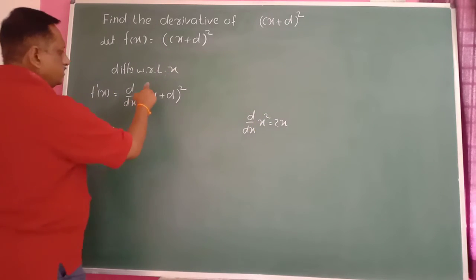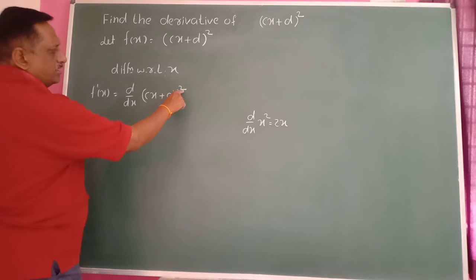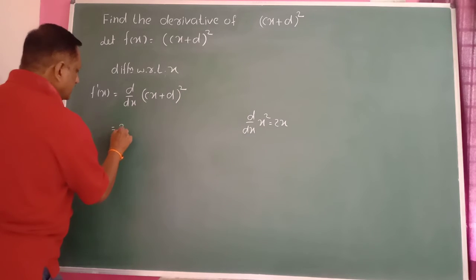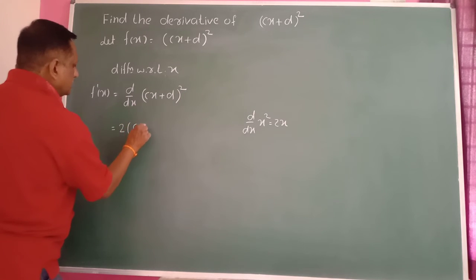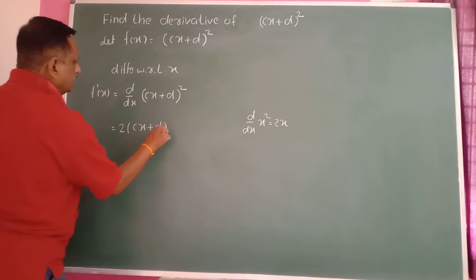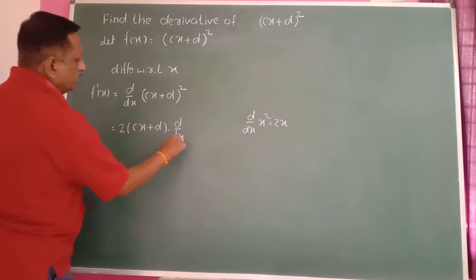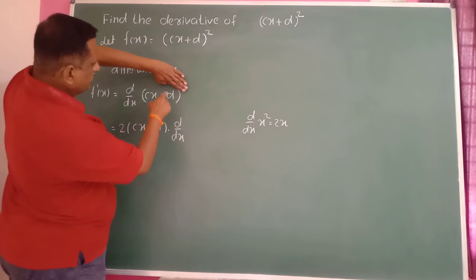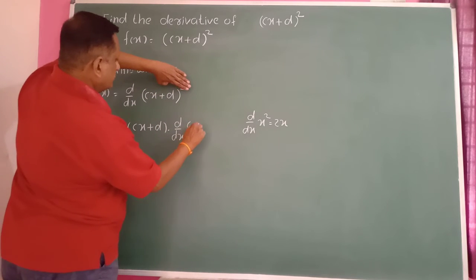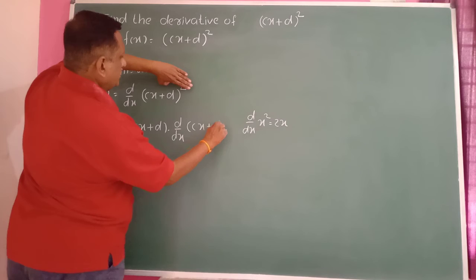Like that, this total term square is there. Total term square differentiation is 2 times of cx plus d into, then the differentiation of, you just leave this to here, differentiate inside the term here, so cx plus d.